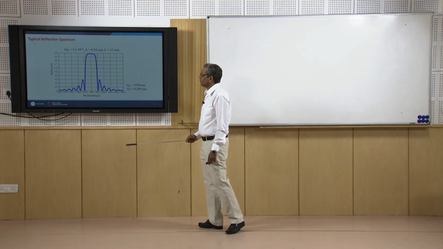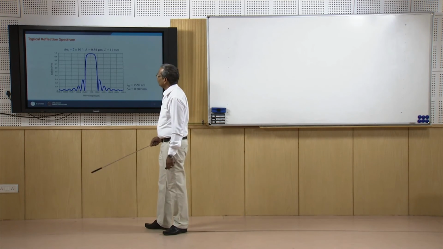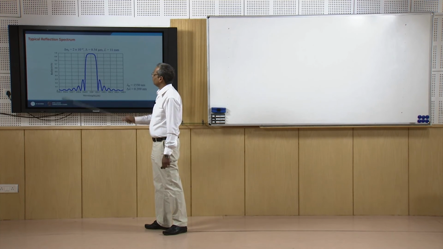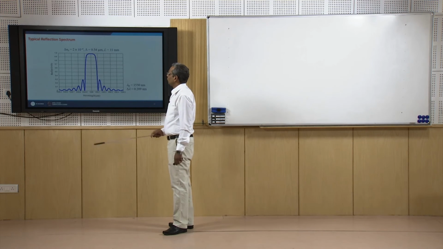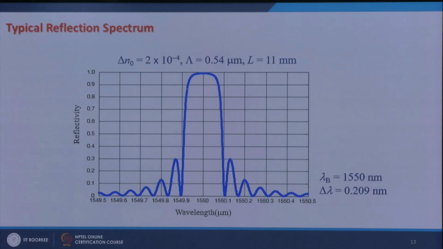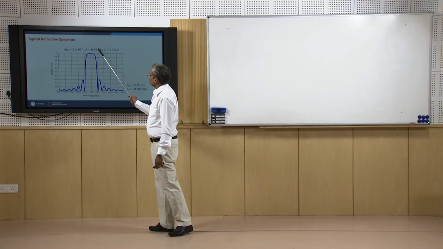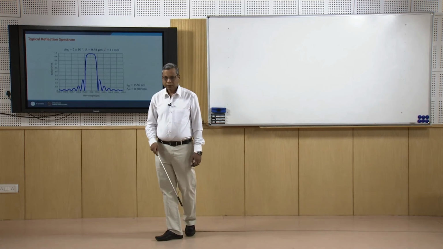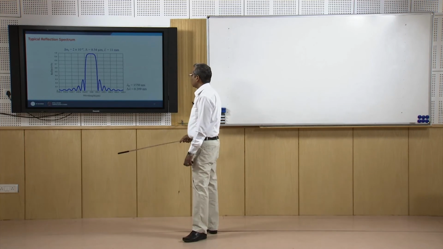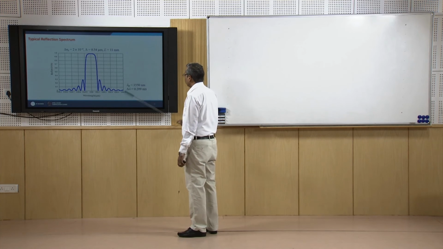This is a typical reflection spectrum, for delta n0 equal to 2 into 10 to the power minus 4, grating period about 0.54 micrometer, and L equal to 11 millimeter for a typical single mode fiber. So, this grating period for the given single mode fiber gives me lambda b equal to 1550 nanometer.